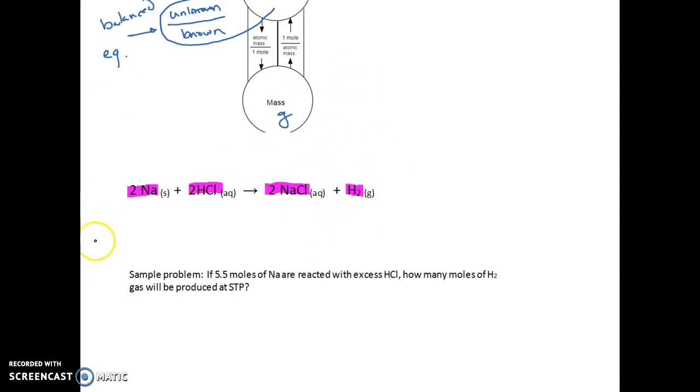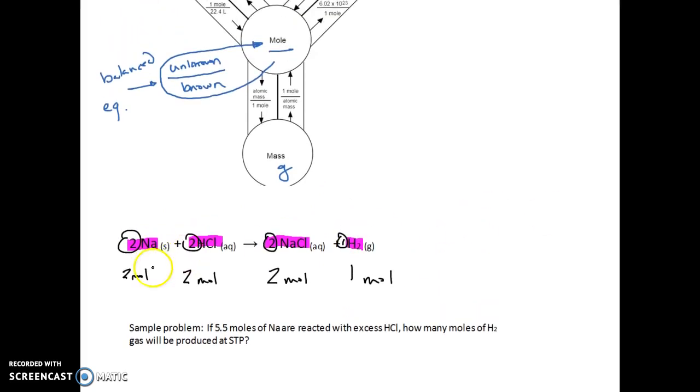We can also say that we have 2 moles of sodium reacting with 2 moles of HCl to produce 2 moles of NaCl and 1 mole of H2. So these coefficients represent individual atoms or molecules, but they also represent moles, and that's going to be a 1 there. These values, 2 moles, 2 moles, 2 moles, and 1 mole, are what we get from the balanced equation.